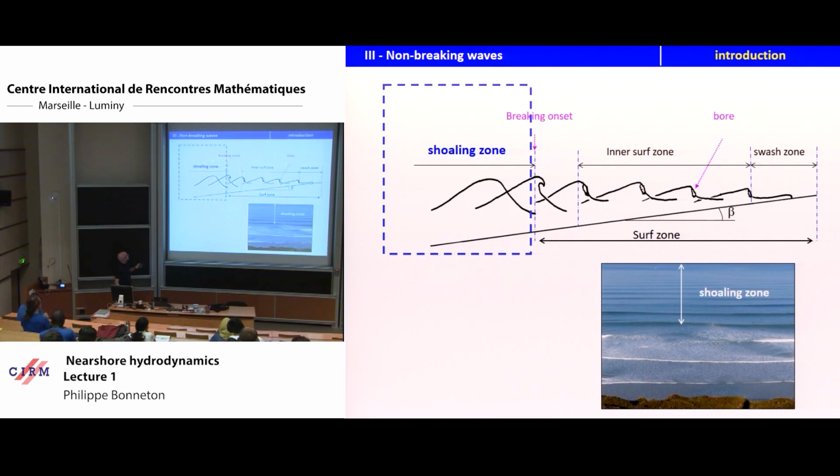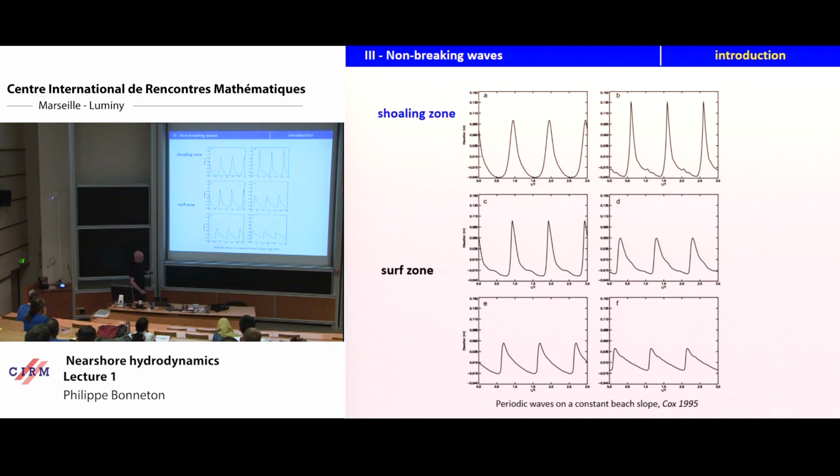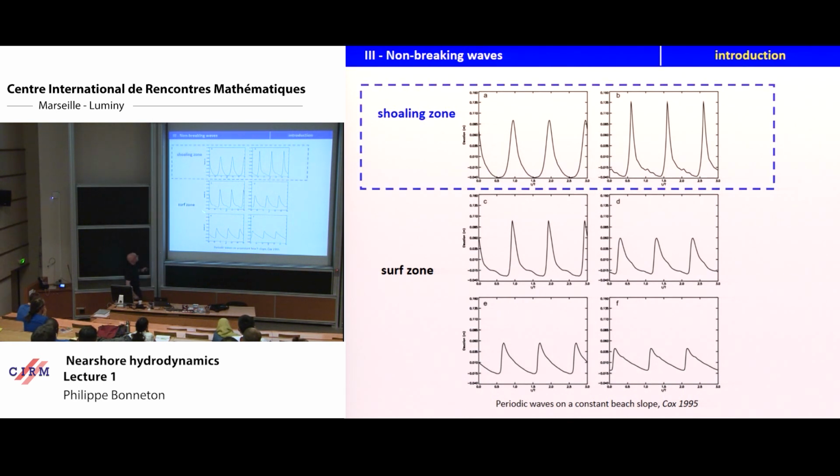Now we will consider the dynamics of waves in the shoaling zone, so just before wave breaking. Here you can see the time evolution of wave elevation at different positions in the nearshore zone, here plotted in the shoaling zone.